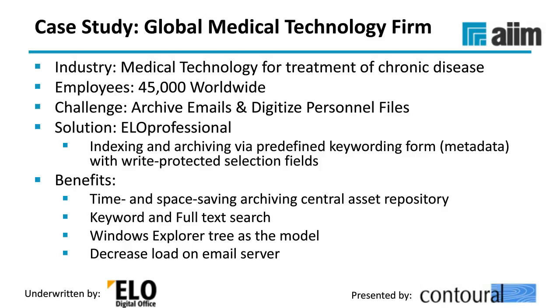So when they applied additional value or metadata to those emails for search purposes, they wanted that protected so that other people couldn't get in there and change it. And that spoke to some of their compliance regulations. Immediately, they saw that the time people were taking and the space being taken up by emails was being saved dramatically by putting in a central asset repository like a content management system. Right?